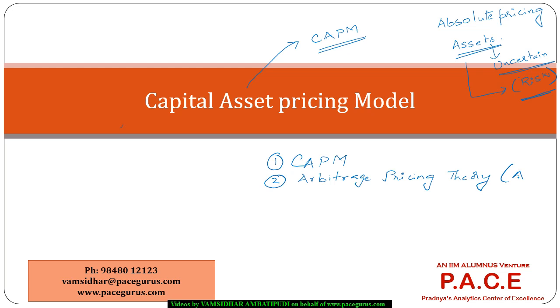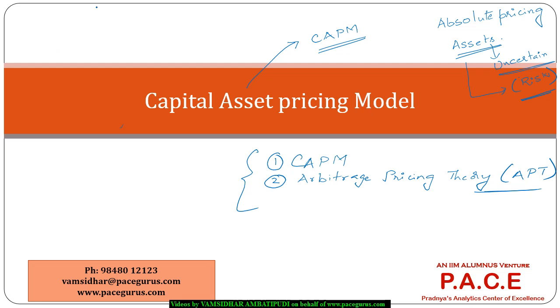Conceptually, I'll give you the kind of differences that exist between the two. They have a different set of assumptions, but these are the two commonly used models for typically pricing assets.